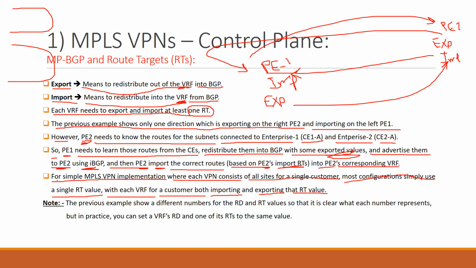I did this recommendation, but I will not use it. I will use different export and import values. I mean that if I use an export value here, I should use the same import value here. But I will not use the same export value here as this one, but I must use the same import value as this one. This export may or may not be the same as this one used here in VRF1.